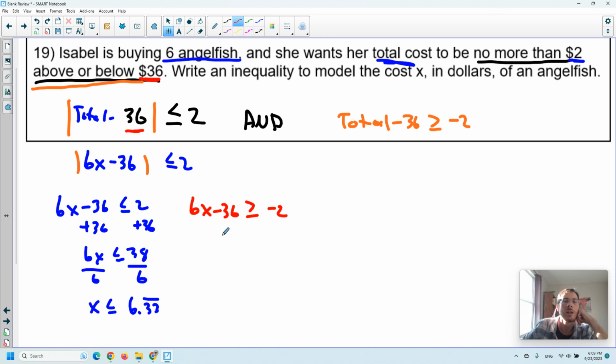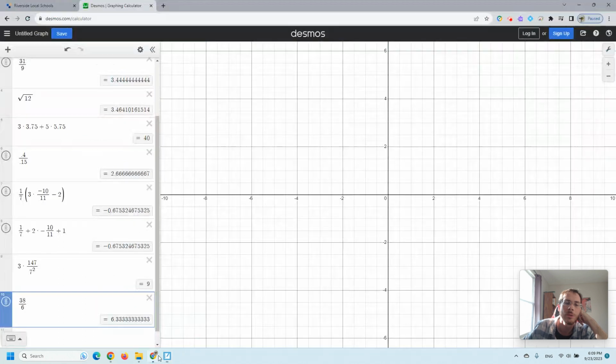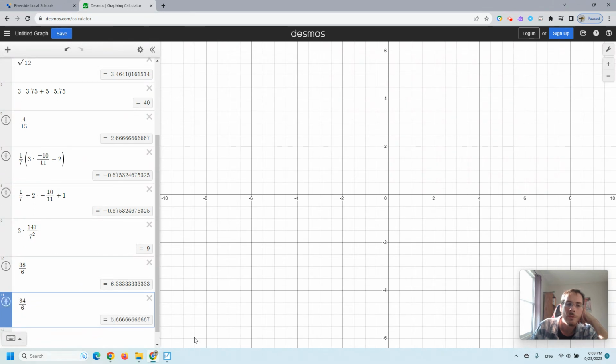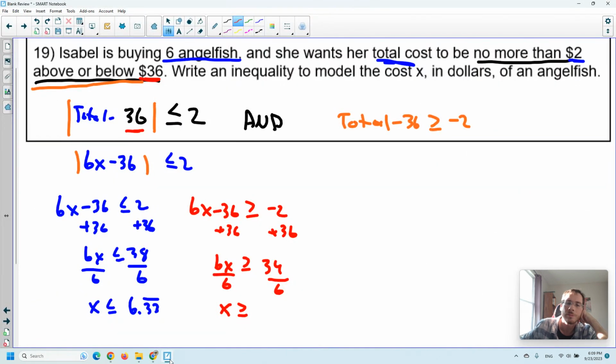Interesting. Over here, I can add 36. 6x is greater than or equal to 34. Divide both sides by 6. X is greater than or equal to 34 divided by 6. 5.6 repeating.